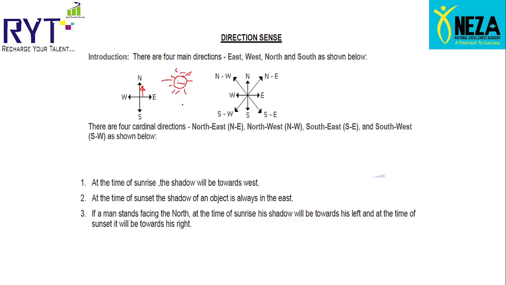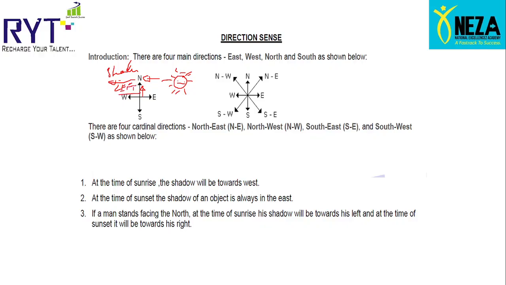Shadow will be towards his left at the time. So at the time of sunrise, what happens? Since the rays will be like this, shadow will be towards his left. This is the basic visual.